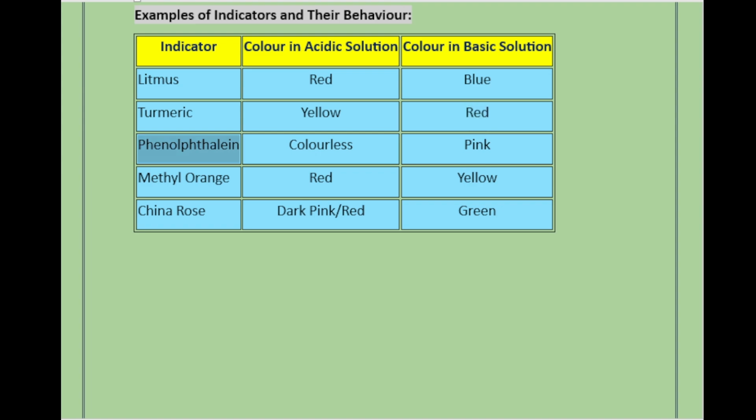Phenolphthalein: colorless, pink. Methyl orange: red, yellow. China rose: dark pink red, green.